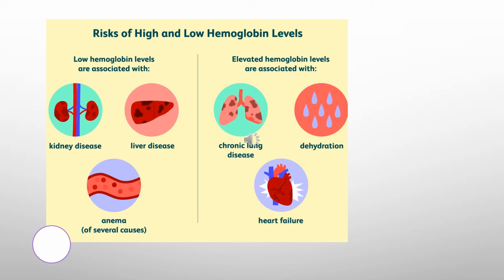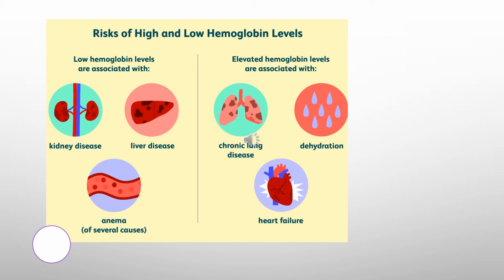So there is a need to maintain the hemoglobin level in the body in the normal range. For normal health, there is a need of a normal content of hemoglobin in the blood. We have seen that in a male and in a female the normal content of hemoglobin is different.